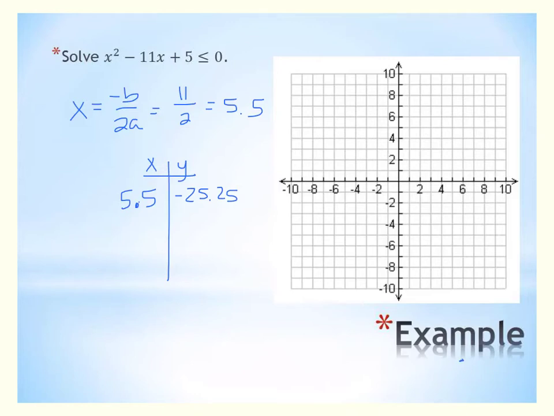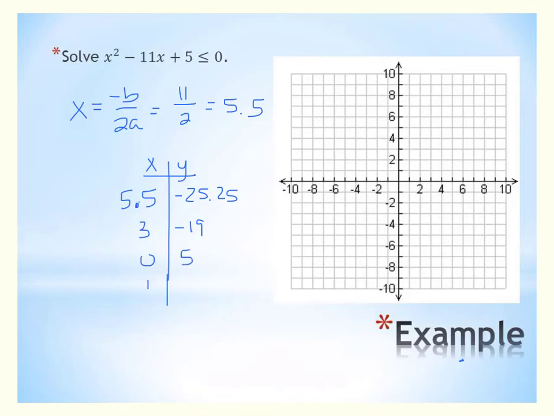And so I definitely would maybe skip around a little bit. So I'm going to go ahead and go to 3. I'm trying to find my intercepts. So at 3, I'm at negative 19. Okay, so at 0, I'm at 5.